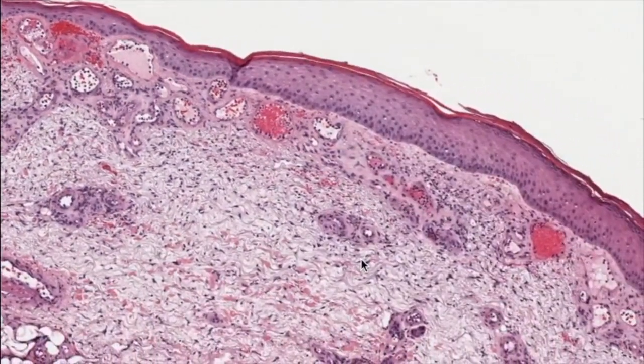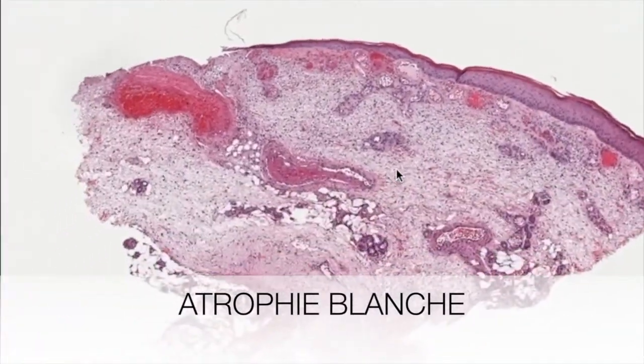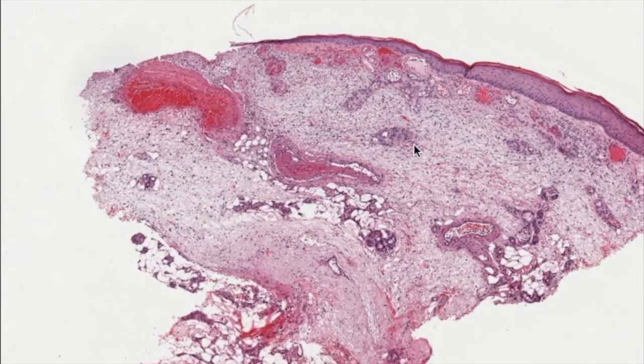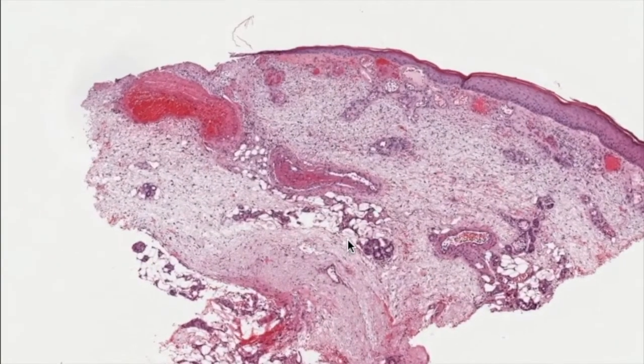So this is a very nice example of Atrophie Blanche. This is a coagulation or occlusive vasculopathy that causes the blockage, and then you see this atrophy or this paleness of the skin in this very nice example, Atrophie Blanche.